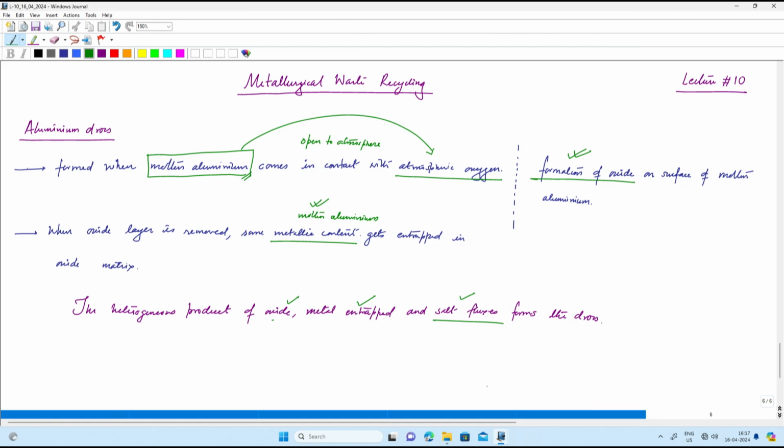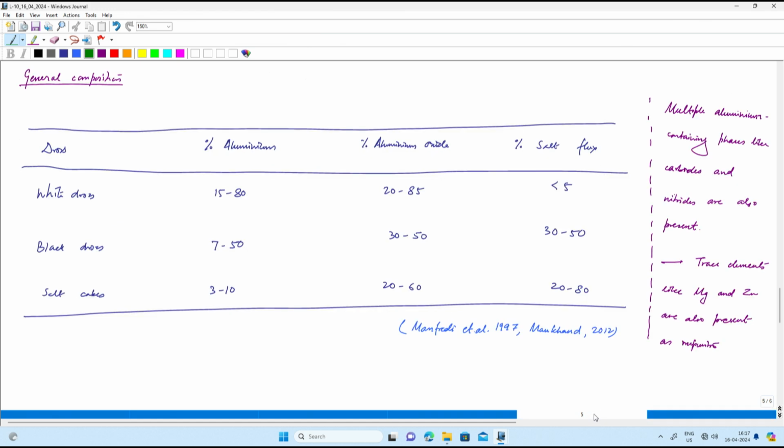Now that we understand what dross is, we'll look at the general composition of dross. We say general composition because it is fairly possible that we may come across dross samples that do not fall in the compositions described in this table.